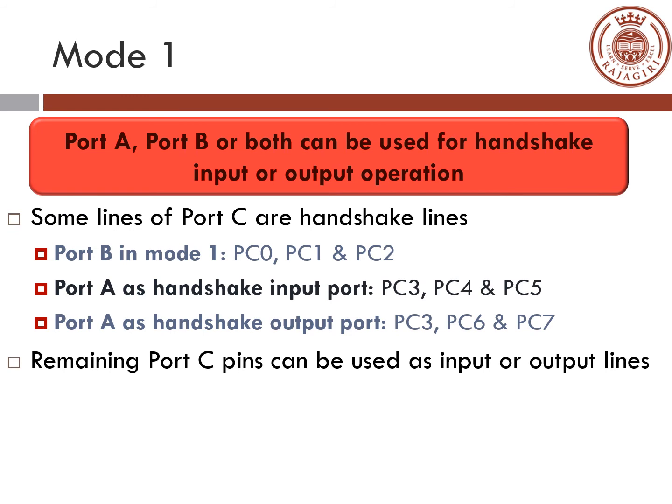This shows how mode 1 is arranged. In mode 1, port A and port B can both be used for handshake input-output operation.